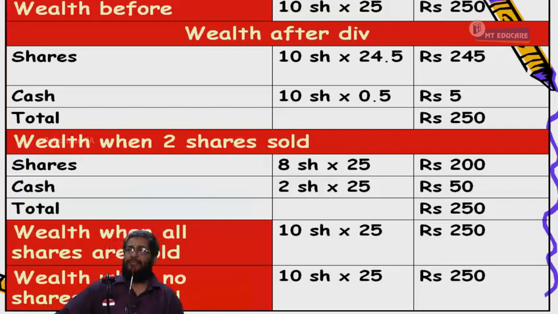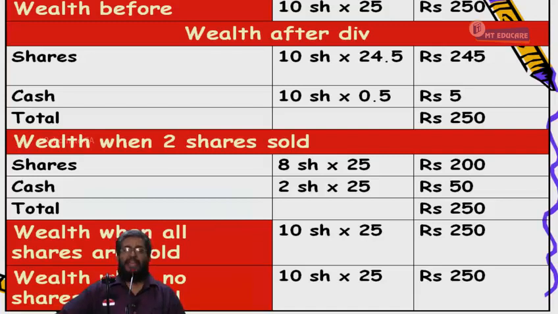Under that, when dividend is paid, company needs to pay what? CDT on it. When dividend is paid, company needs to pay CDT on it.